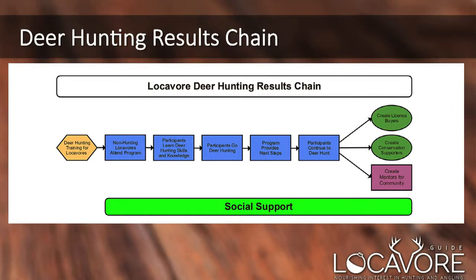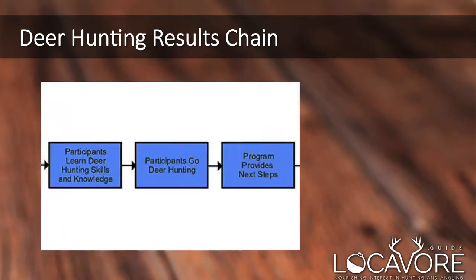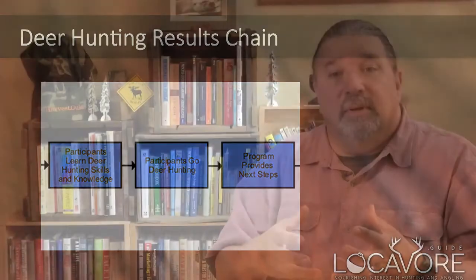Now let's take a look at the deer hunting results chain. Very similar. You start with a non-hunting participant. They attend the program. They learn deer hunting skills and knowledge. Again, they go on a deer hunting outing, or maybe you set them up individually with mentors, but they get into the field. The program provides them with their next steps.